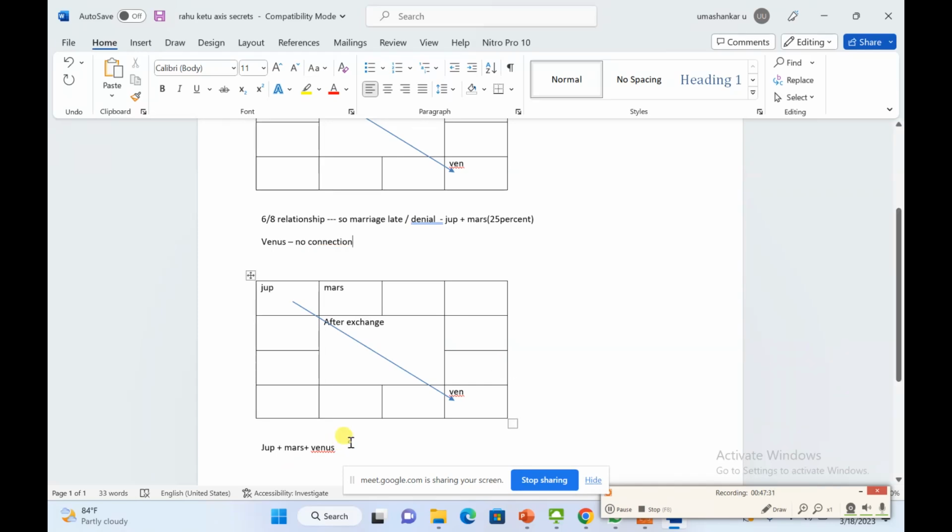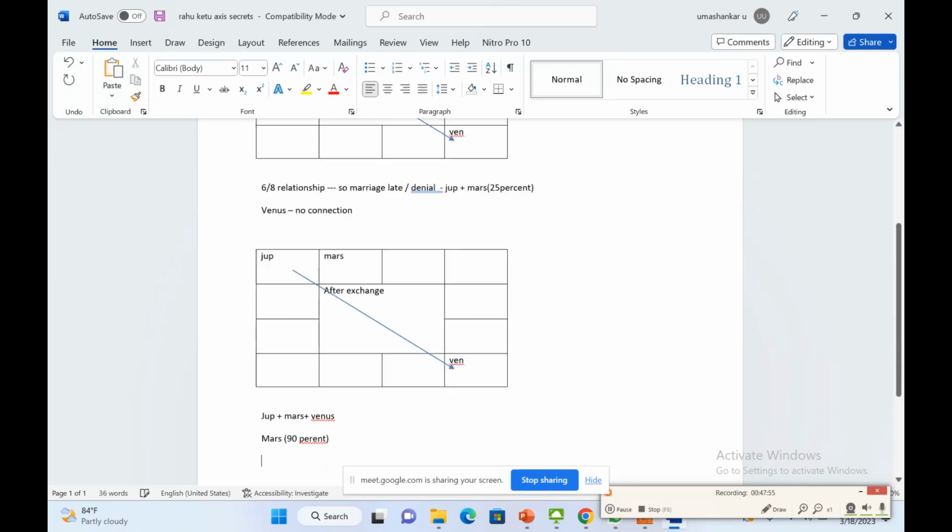Now what happened? Now one of his brothers is helping him to get married, through his brother. He can be even his uncle's son, a cousin. Understand? Because this Mars is 90%. And now Venus, which was having 0% connection, is having 7th house, 50%.